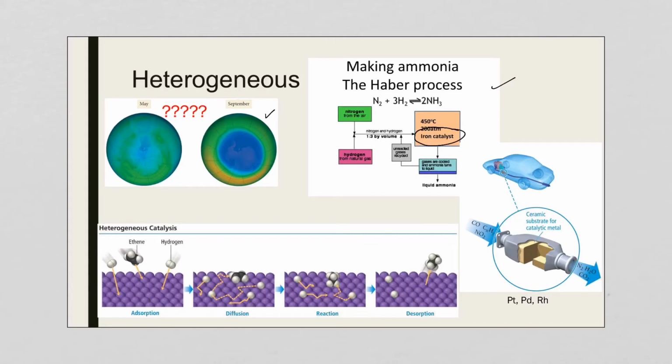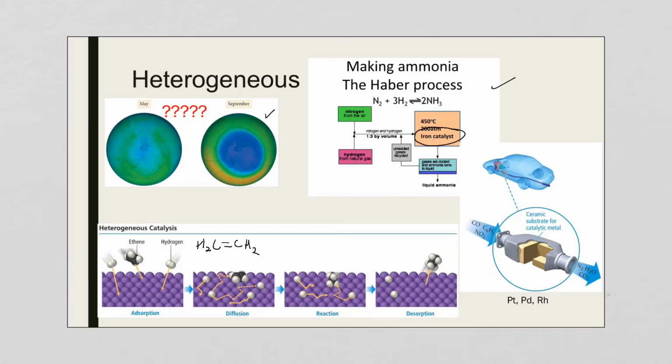Other industrial processes are shown here. This is hydrogenation, the conversion of ethene, which has a double bond. So this would be H2C double bonded, so it looks like that.